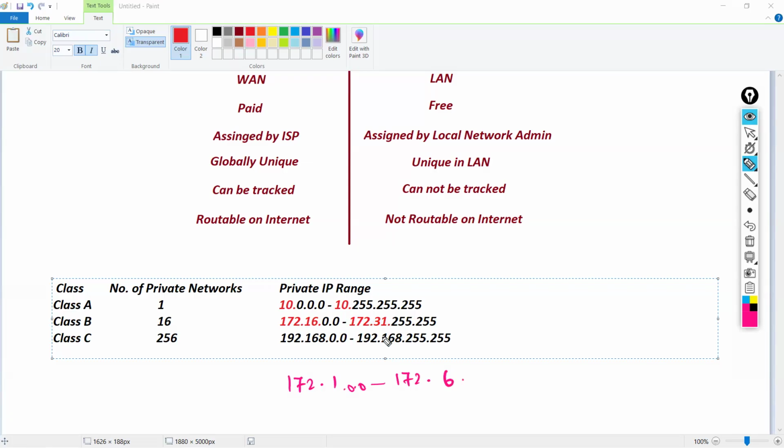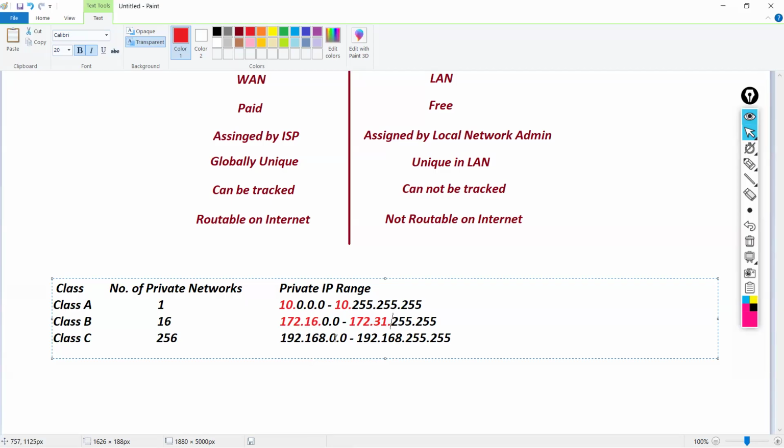Then this is also 16, because you have to count 16 itself. After 16, you have 15 more. So this is one network, and after this, 15 more are there. So total 16 networks are there.